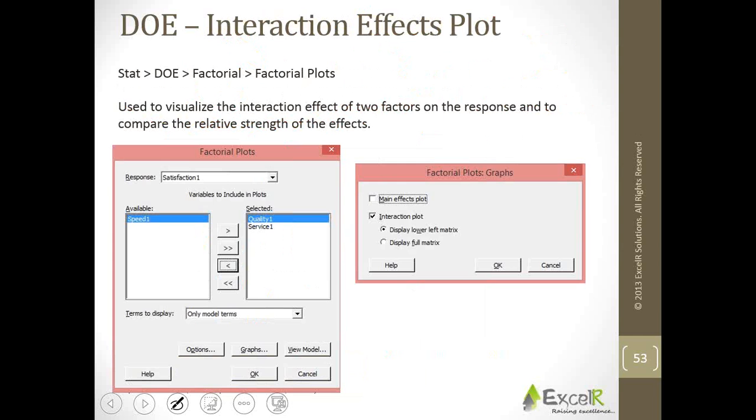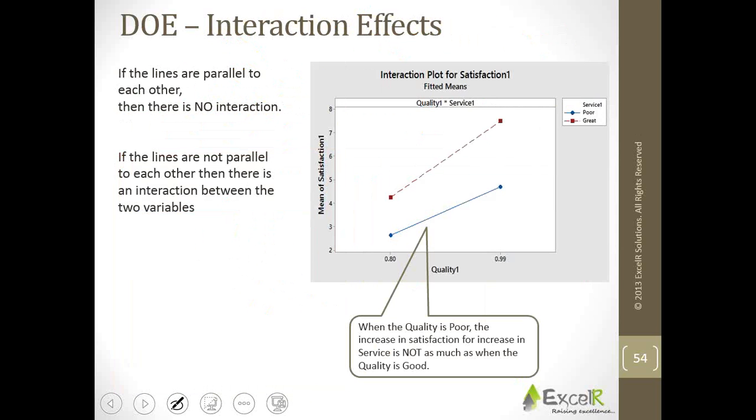Next, you can also visualize other factorial plots. You can visualize the interaction effect by including just those two terms. I'm including just quality and service. I want to see how to gauge the level of impact that this interaction effect is going to have.